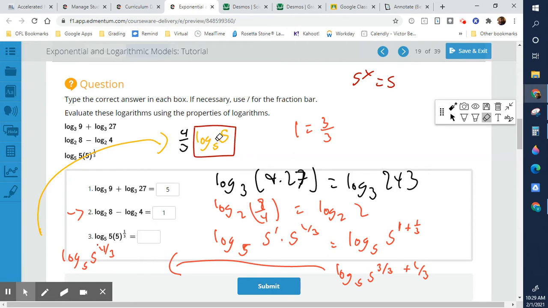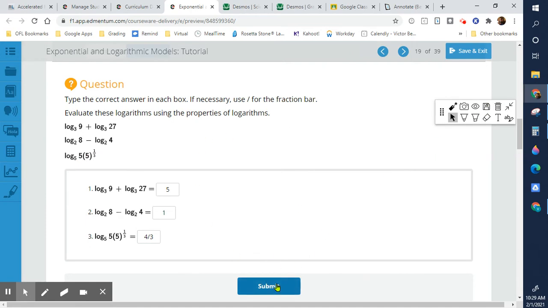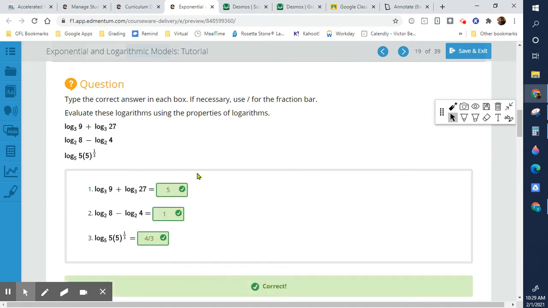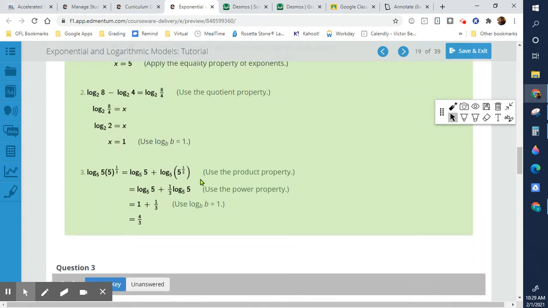Well, log base 5 of 5, that's just a giant 1. So you have 4/3 times 1. So our answer is 4/3. I feel like they got really complex there really quickly, but hopefully we'll have some practice where you can see how to do that. So let's see how they explain it to see their perspective on it.